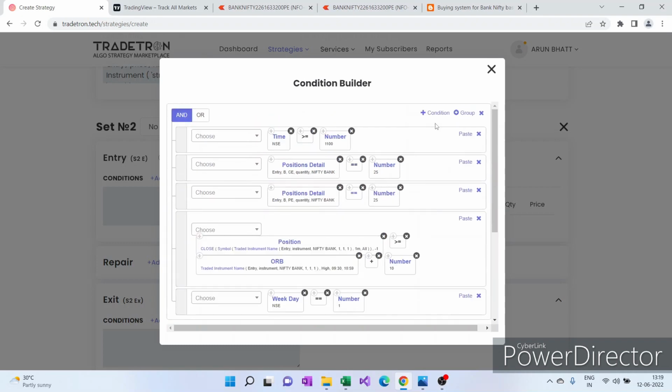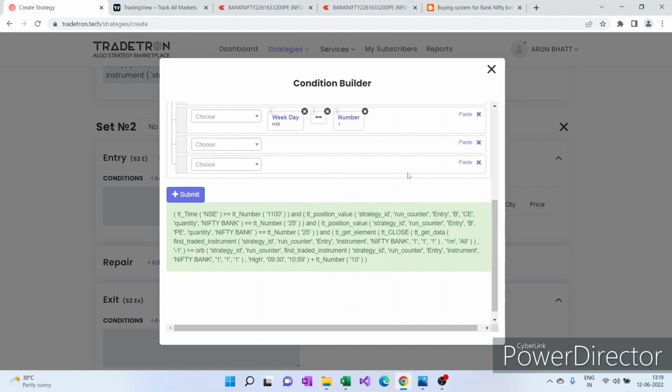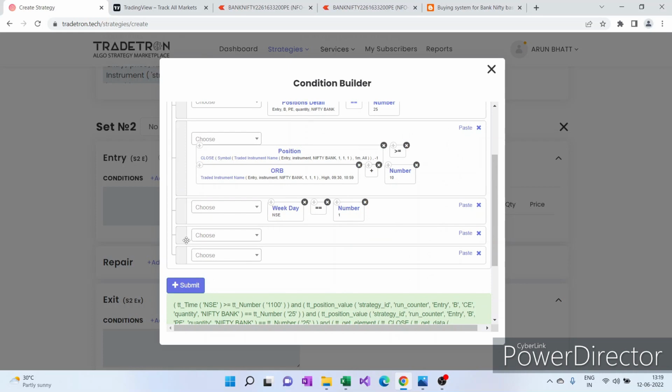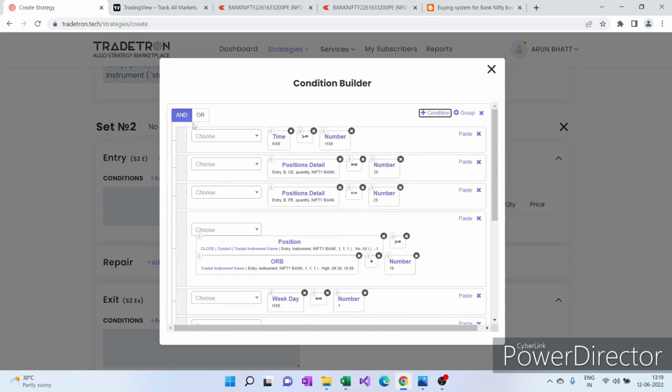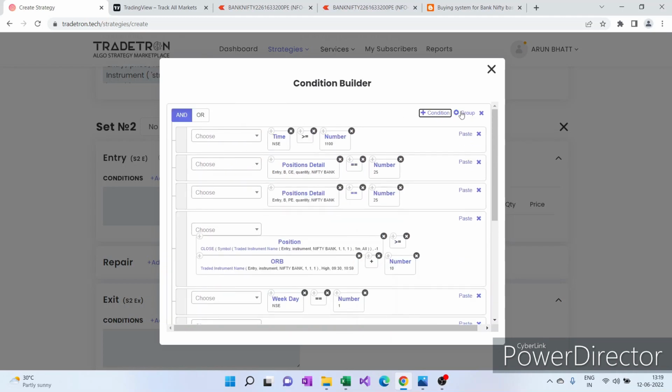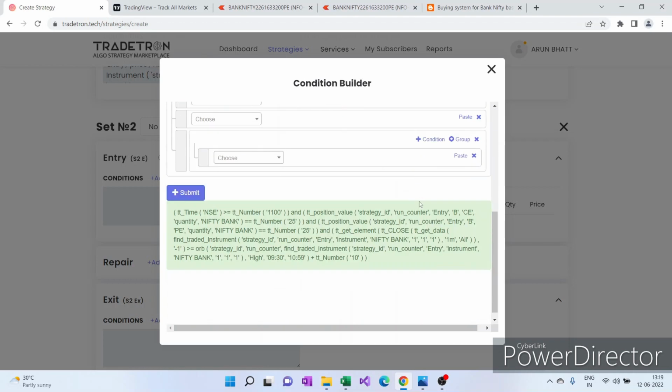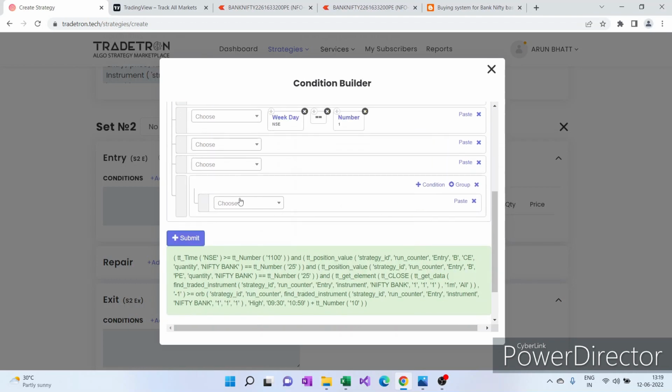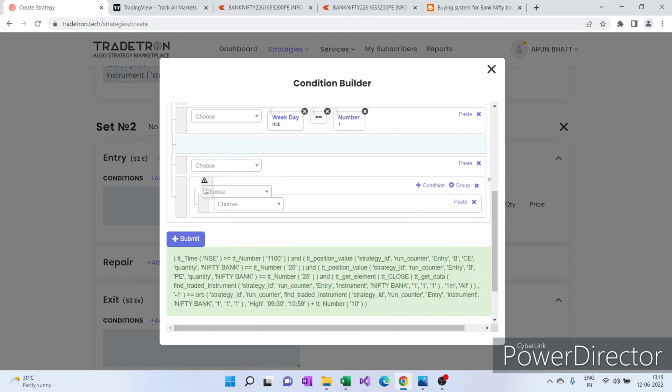Again, you have to add two. And if you see, these are not AND conditions. So it can be either Monday, Tuesday, or Friday. So what I have to do is create a group for that. So I have created this group, and in that group I'll be putting these conditions in the OR.